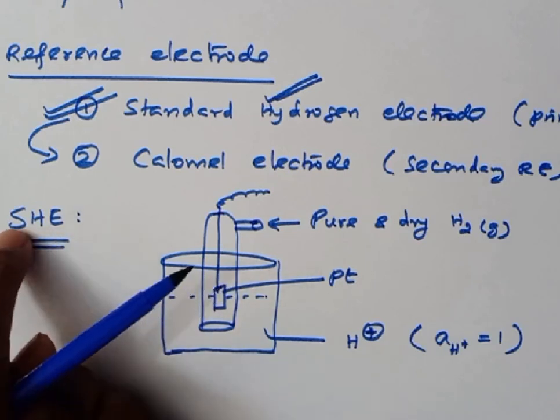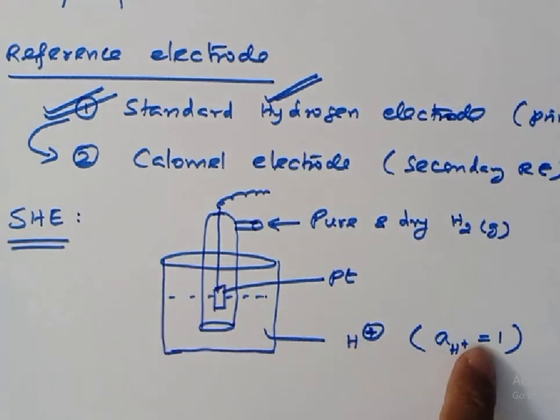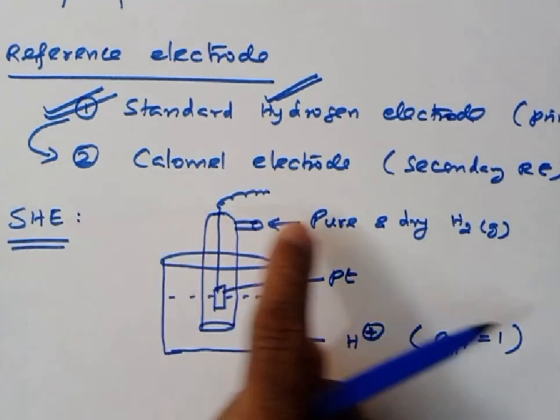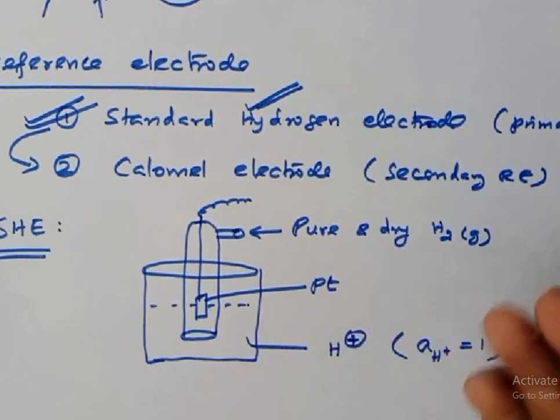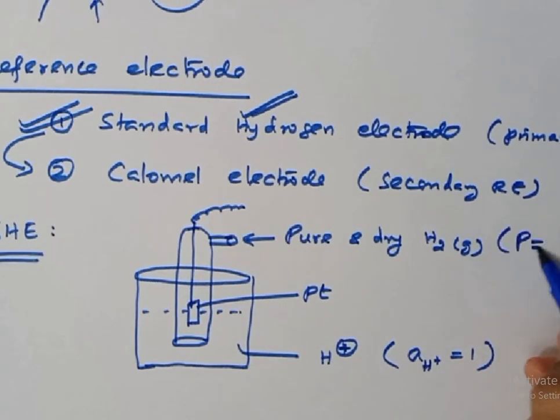Here we have taken the standard hydrogen electrode. If it is standard, concentration should be 1 molarity or activity should be 1. If any gases are used, the gas pressure should be 1 atmosphere or 1 bar. I'll put 1 atmosphere pressure.